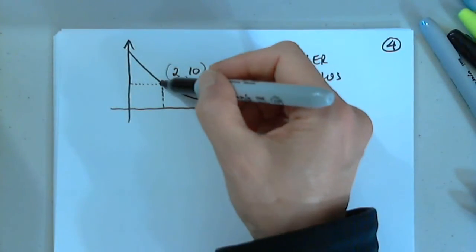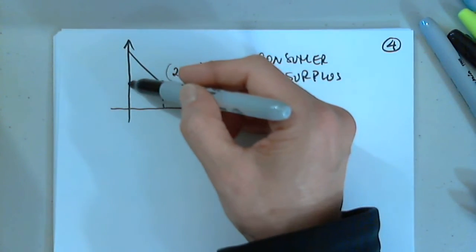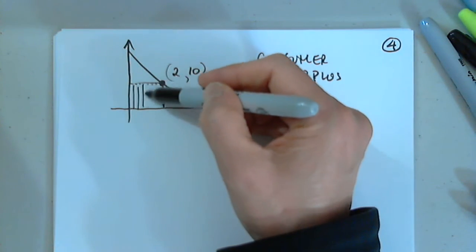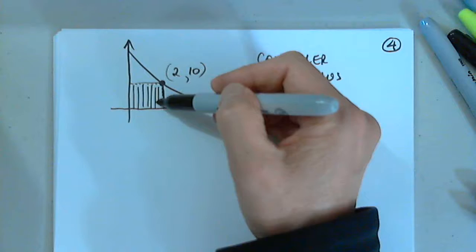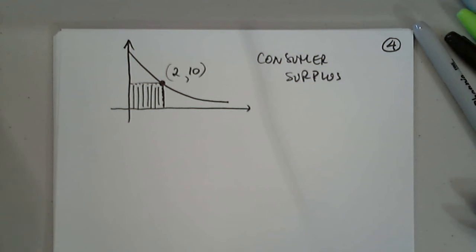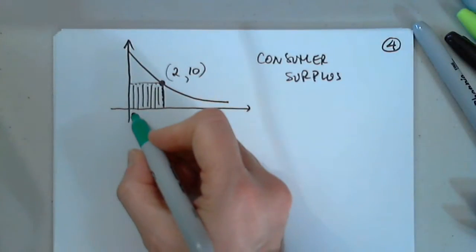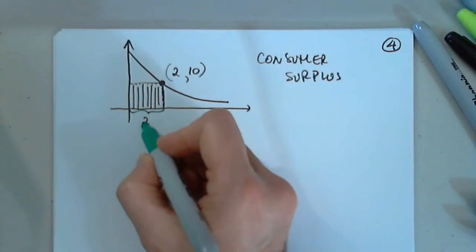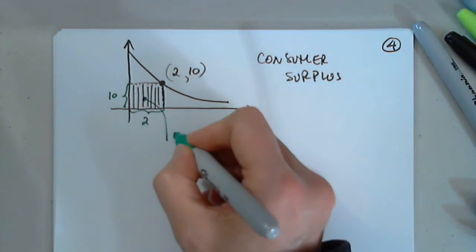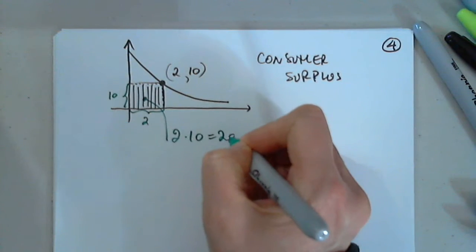So, can anyone tell us what the area of this rectangle is? 20. Exactly, perfect, because this is 2 and this is 10. So this area must be 2 times 10, which is 20. Excellent.